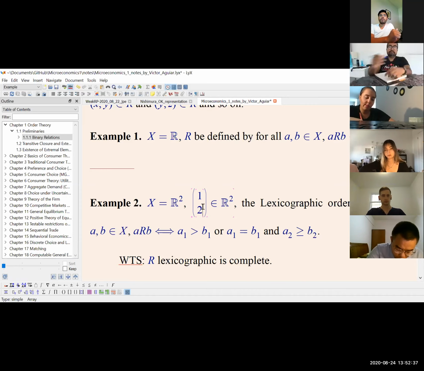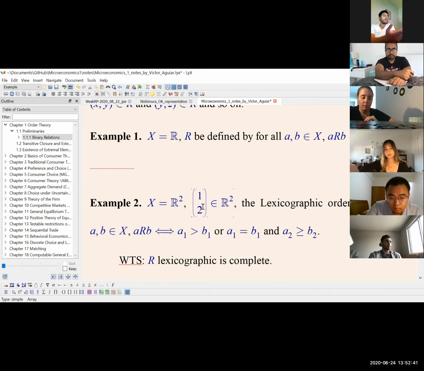And I just want to ask you, when is a portfolio that is a vector of size 2 better than another portfolio? So in particular, take two objects of X, A and B, same as before, but now they are vectors of size 2. And now the question gets hard, right?